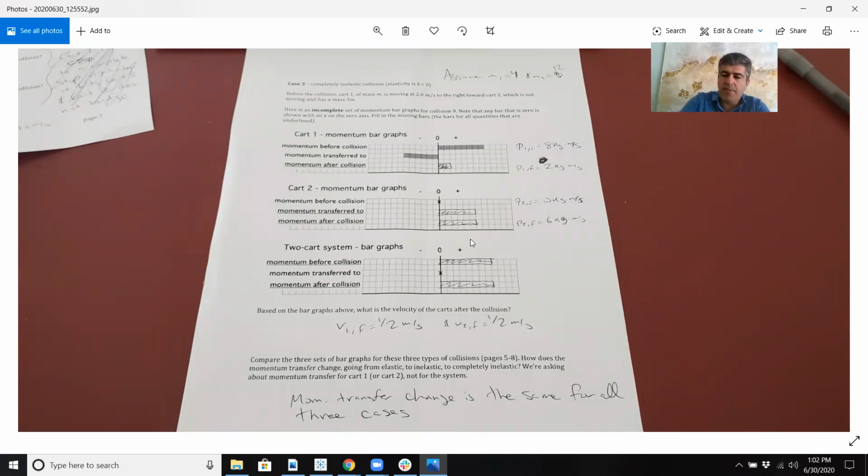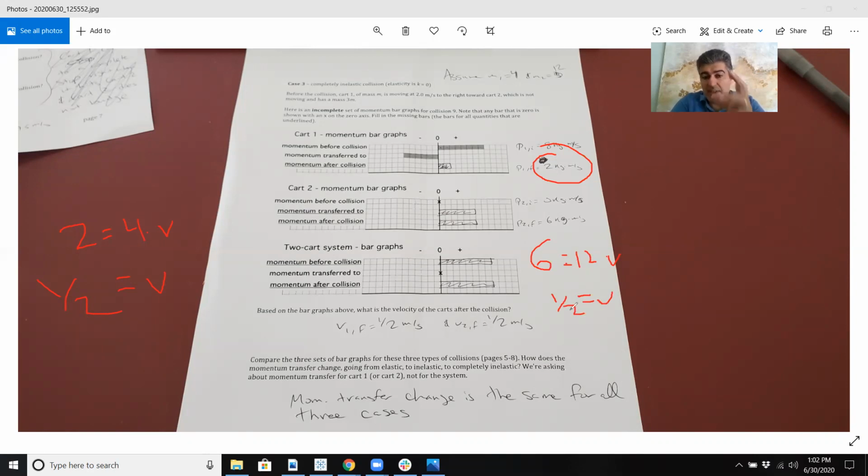And again, here 2 equals your mass times your velocity. Here, your momentum is 6, your mass is 12, times velocity. And they're going to stick together because it is completely inelastic. They're going to go at the same velocity, sticking together.